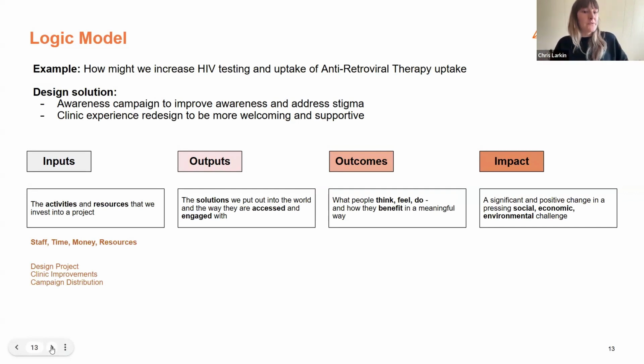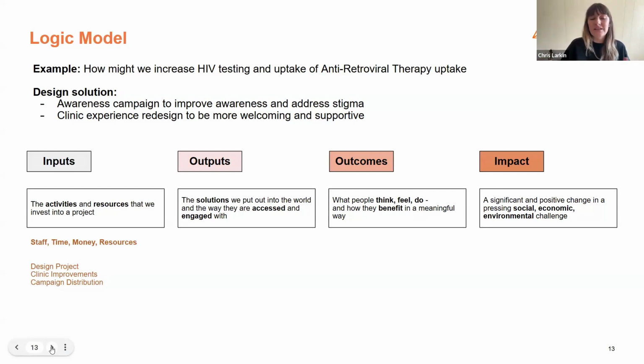And so the design solution, let's say this is an awareness campaign that first of all is improving awareness and addressing stigma around accessing HIV testing or taking treatment. And then there's also a clinic experience, which is redesigning what it's like to go to a clinic and engage with something that can be quite intimidating, can be quite a fearful experience for people, and for something to be more welcoming and supportive and informative as well. So kind of a two-tier solution, if you like.